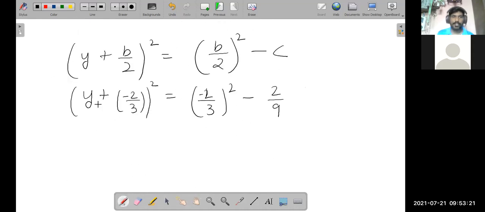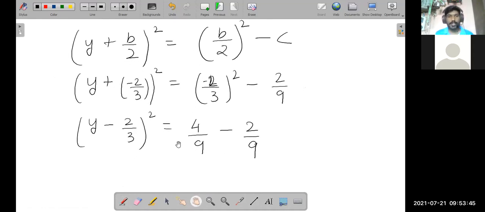Simplify this. Here plus into minus becomes minus. So (y − 2/3)² is equal to, take the square of this. So this will be 4 upon 9. Square of minus 2 is plus 4. Minus 2 upon 9.